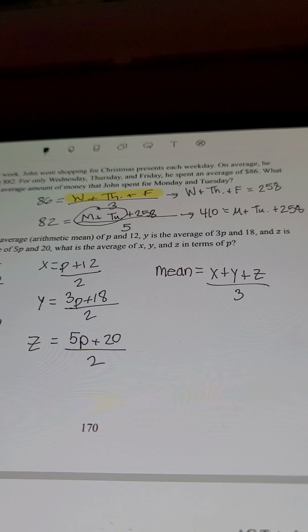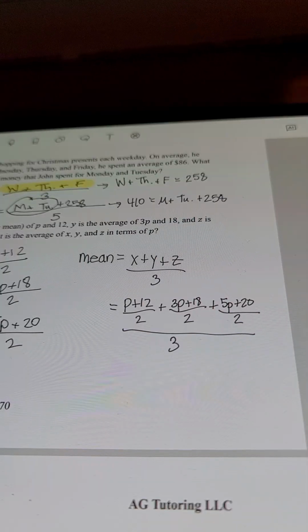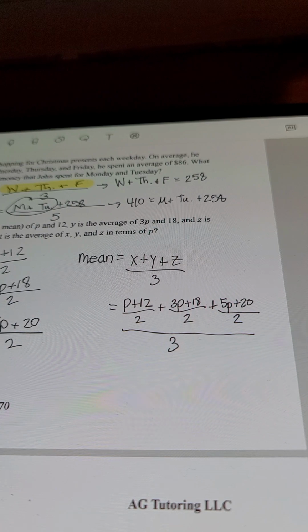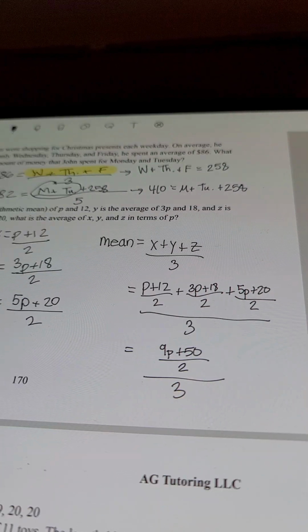Now, I can't just leave it like this because it says it wants it in terms of p. So what I need to do is replace x, y, and z with what they're equal to that has a p in it. So let's do that. And that would look like this. So now let's add everything on top. And this is what we get.